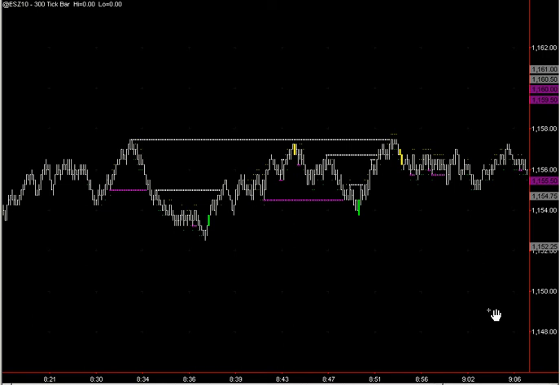Now, what we have on the chart, we're plotting a 300 tick bar ES. Our indicator is on the chart, and the indicator does some very exciting things. One of the things that it does is it gives us an indication of where the market is going to go before it gets there.